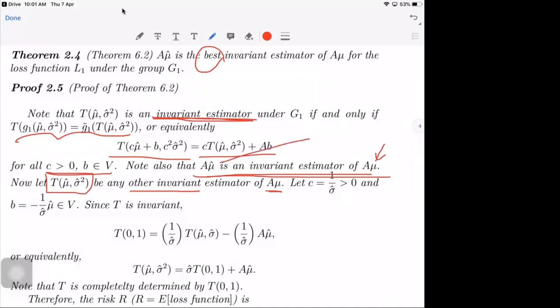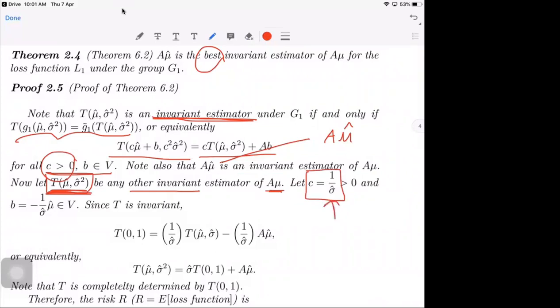Okay, so your competitor is the invariant A mu hat. You choose another invariant estimator of A mu. You call it T of mu hat, sigma hat square. And then you set C greater than 0, say let it be equal to 1 over sigma squared.